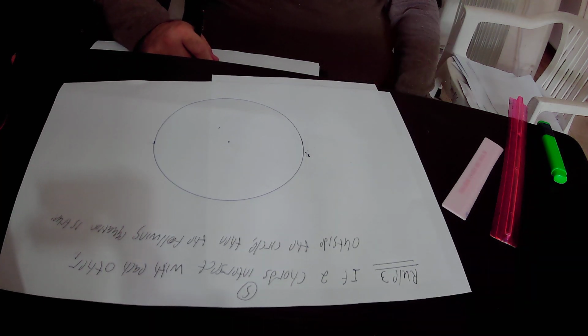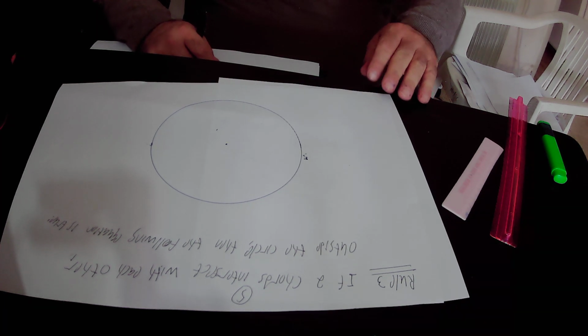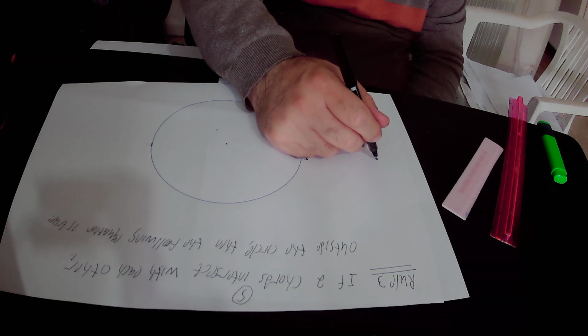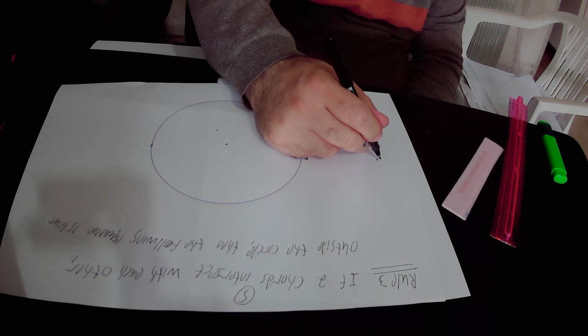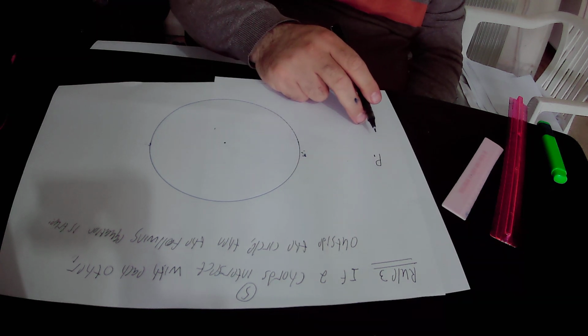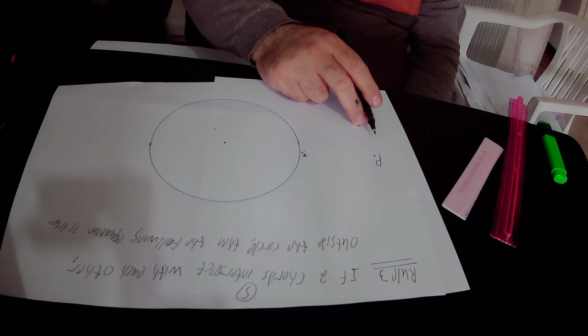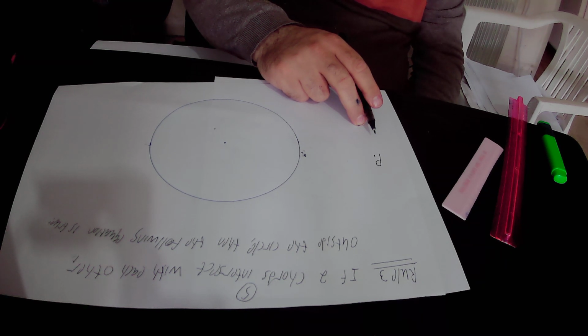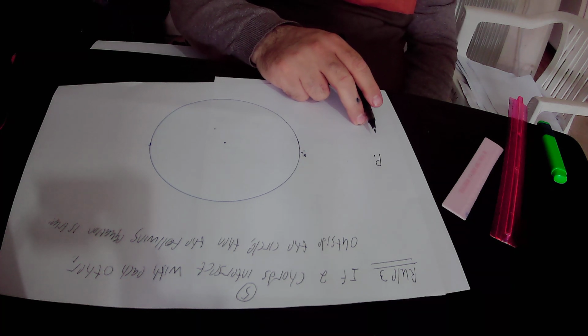So we have here point P. This is the intersection point between the two chords. That is to say, they intersect with each other externally, that is to say, outside the circle. Okay?